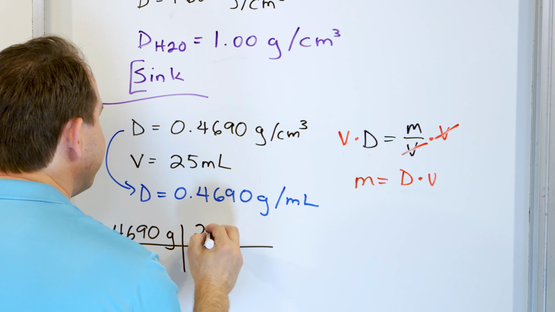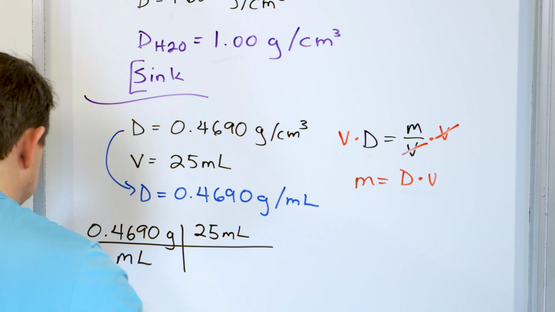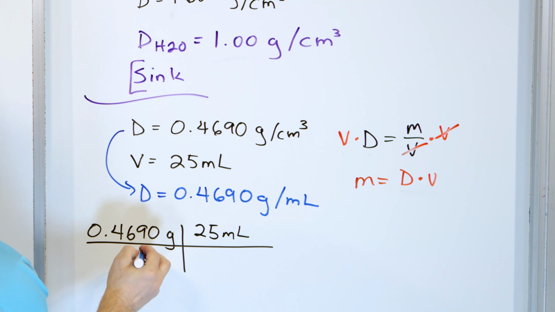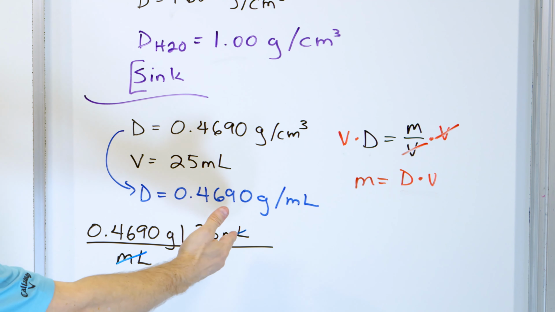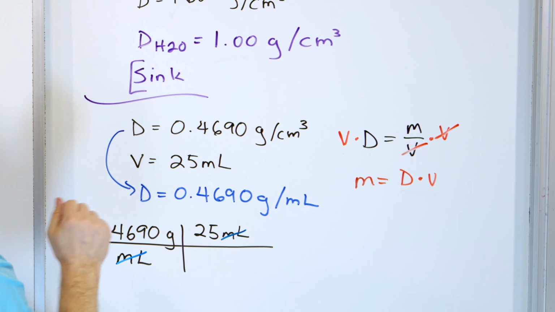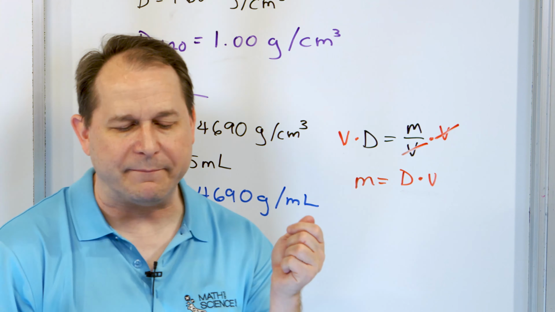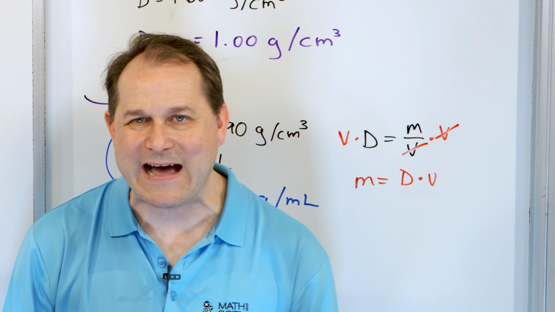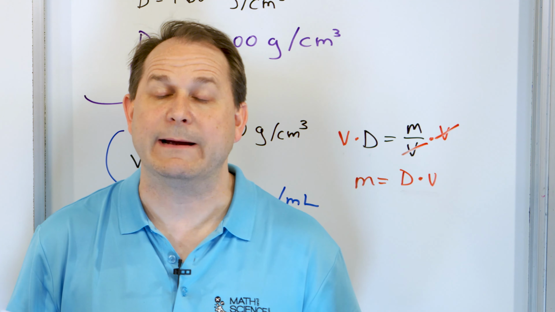If I put the 25 milliliters on the top, then I have a cancellation of units, because units on the bottom and the top cancel. And so if I perform this calculation by multiplying, the only unit I have left is grams. And that's what the problem's asking for. How much mass does a 25 milliliter sample have?